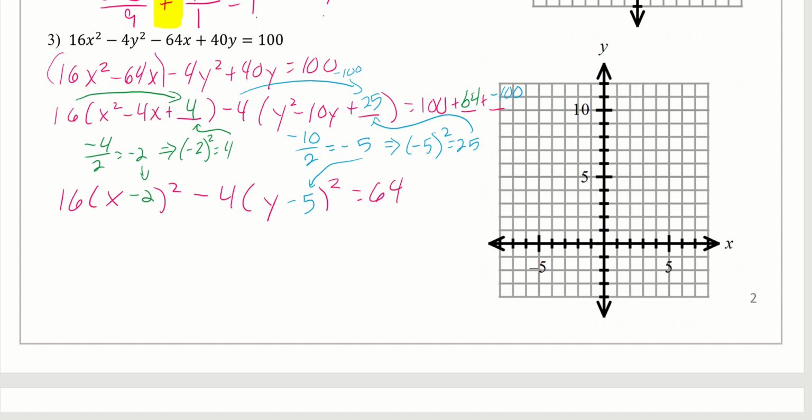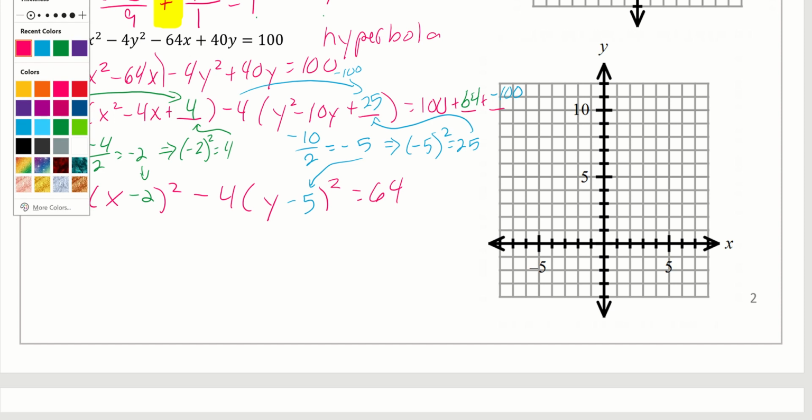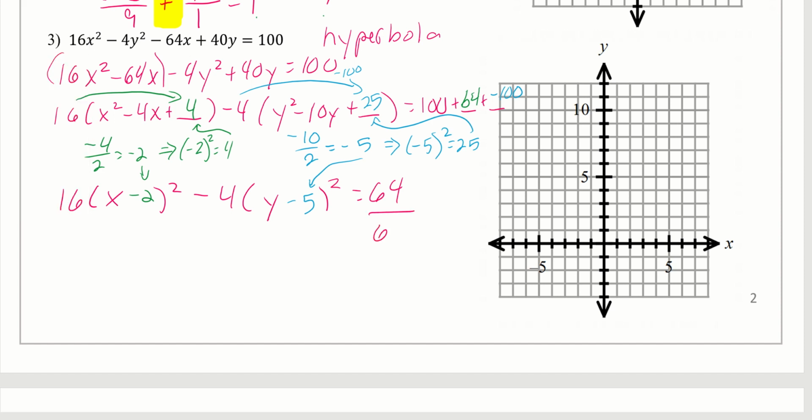Now, again, I know this is not a circle for a couple of reasons: the coefficients out in front don't match, and we have a negative. So that tells me that we are dealing with, in this case, a hyperbola. We know that because of the minus and the different coefficients out in front. So let's get this equal to 1.